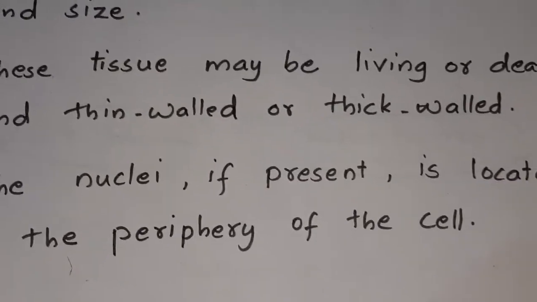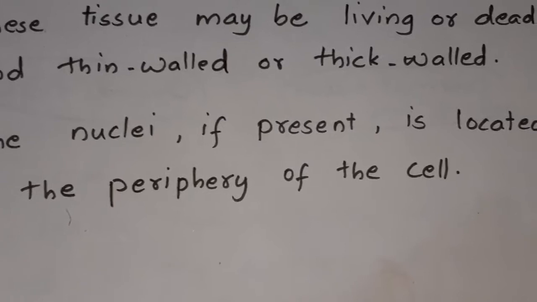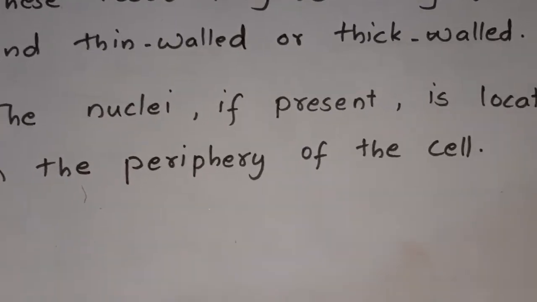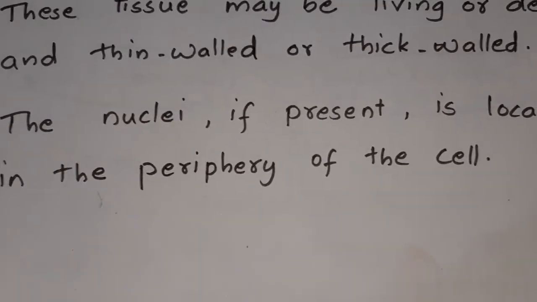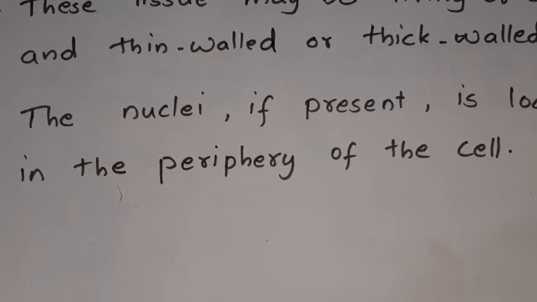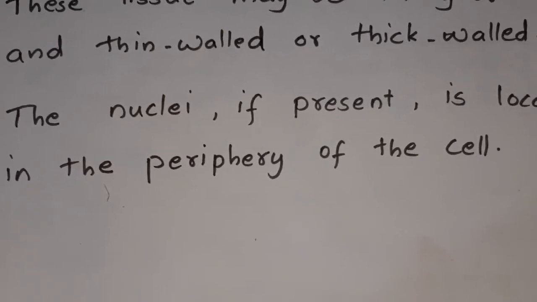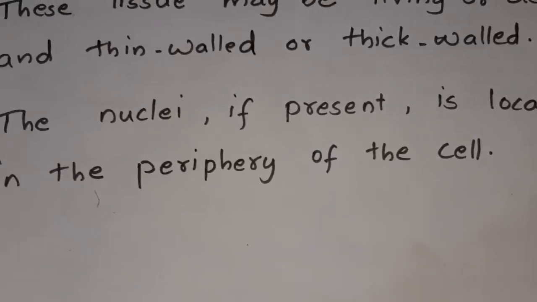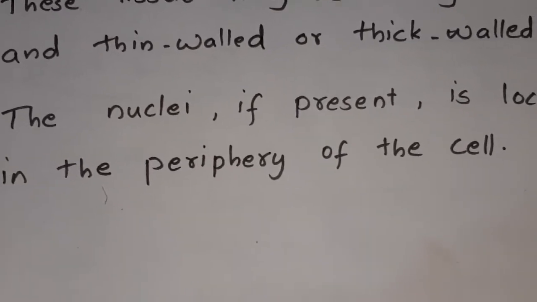The last, the nuclei, if present, is located in the periphery of the cell. Means the nucleus. For example, in some dead cells, the nucleus will not be there. But if the nucleus is there, normally we know that the nucleus is present in the center of the cell. But here in this permanent tissue, the nucleus is present on the periphery. Periphery means on the sides of the cell.